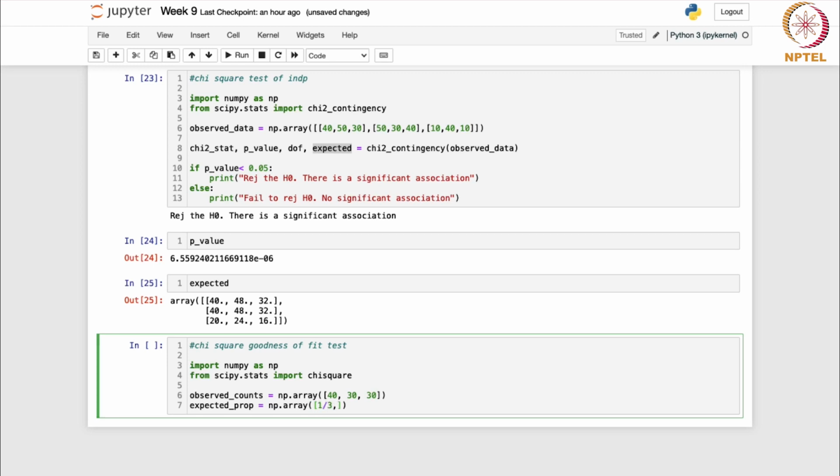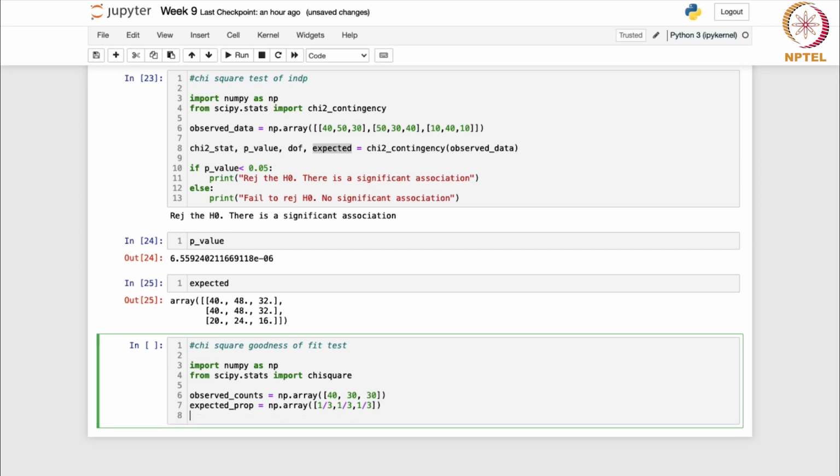Okay, so we are not biased towards anyone, so each of them has an equal proportion of occurrence. Now what will be the total number of observations? Total observations will be np.sum of your observed counts that you have over here.